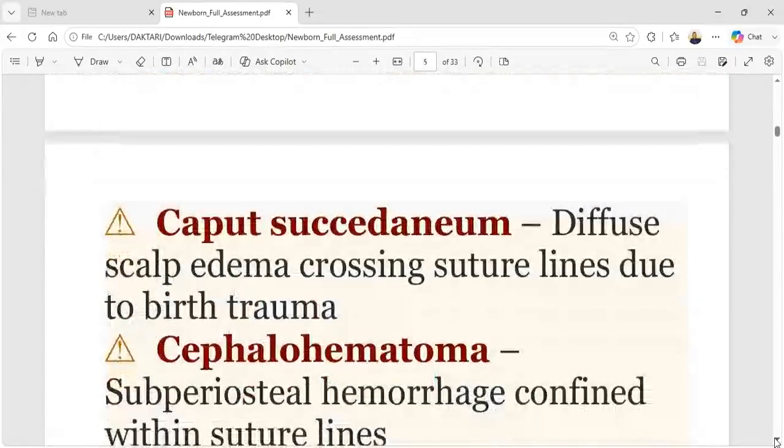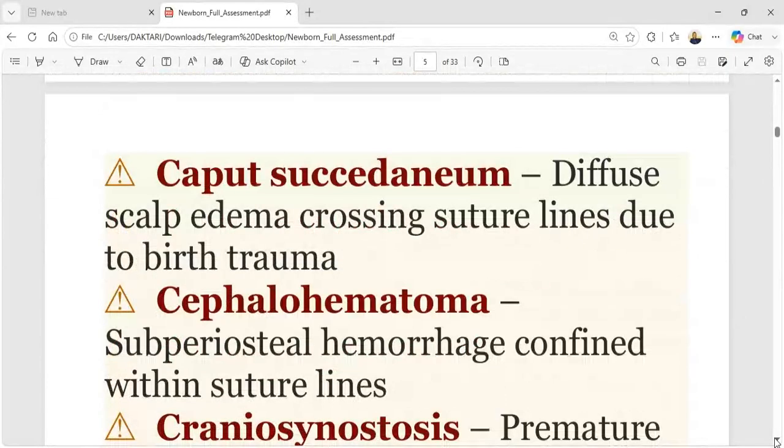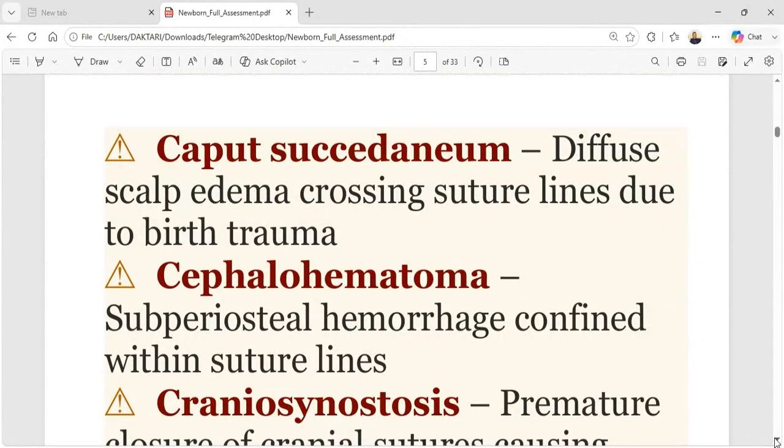Then you should distinguish between caput succedaneum and cephalohematoma. Caput succedaneum is a diffuse scalp edema crossing the suture line due to birth trauma. Cephalohematoma is a subperiosteal hemorrhage, so it's not on the top like caput, which is almost in the skin.